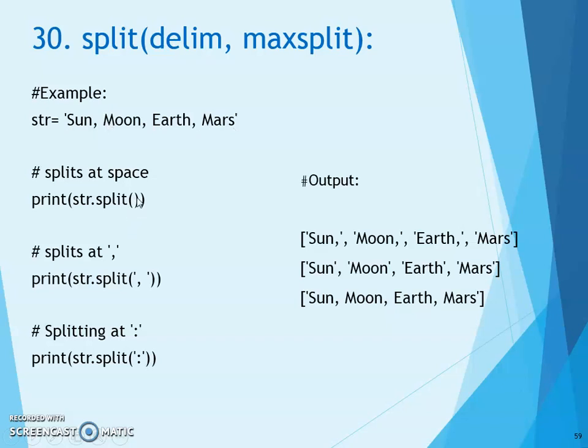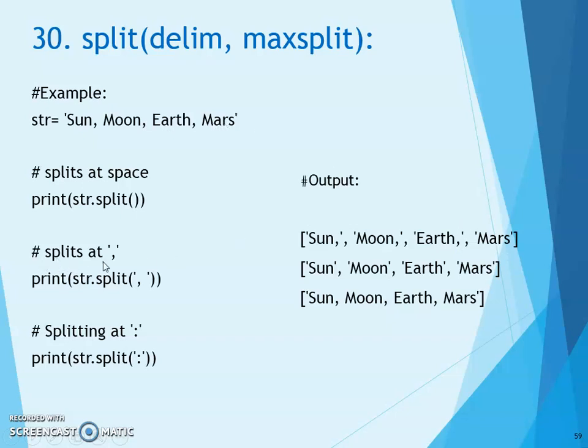And the max limit is not given, so it will divide into 4 substrings. Now we'll see it. So first is sun. This comma will also be mentioned here as we are splitting it as per the space bar. So only spaces will be removed, not the commas. So first will be sun, comma, second will be moon, comma, third will be earth, comma, and fourth is Mars.